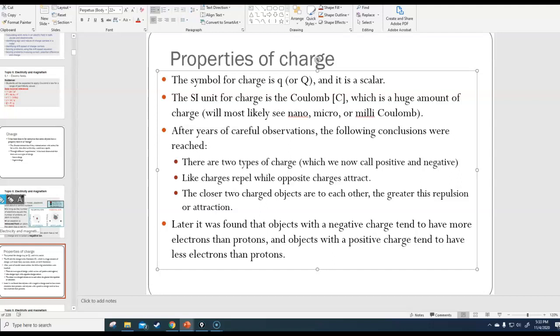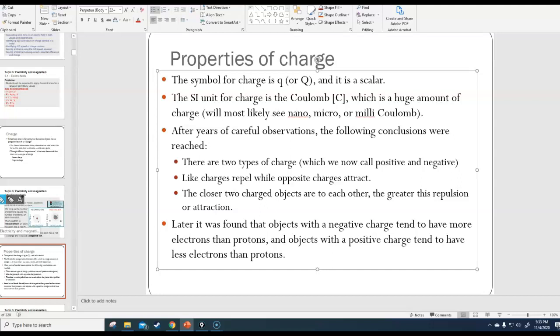And I say it like that because he was French, so don't say it in any weird way. The way you write that is with a capital C because it's named after a person. We capitalize that letter, just like for Newton, you write a capital N.